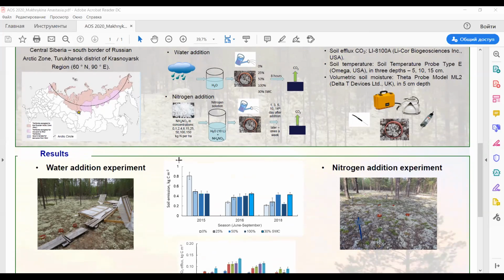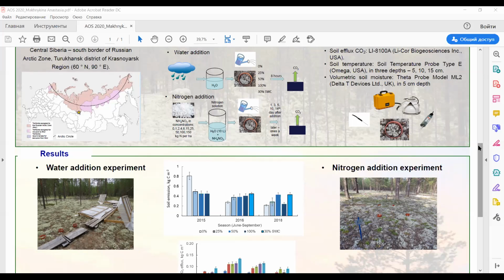The idea was to look at a different range of concentrations, from the smallest amount of nitrogen to the biggest. That's why our range of treatments is very high, like 10 treatments. And we added the nitrogen to the soil with water. It was a nitrogen solution with 10 liters of water. And after that we measured soil emission during the season.